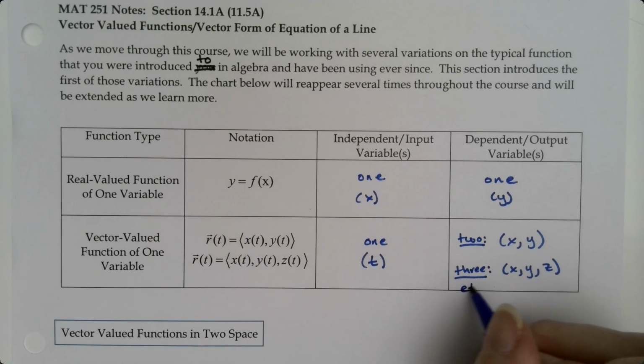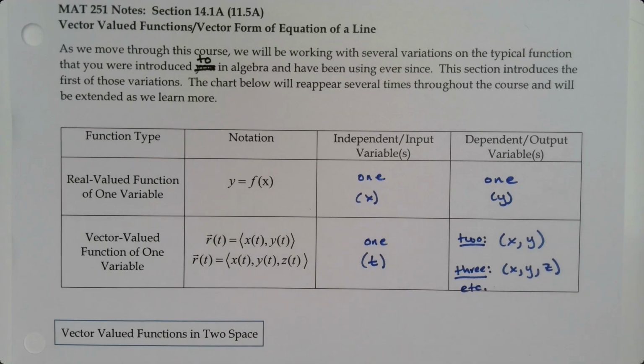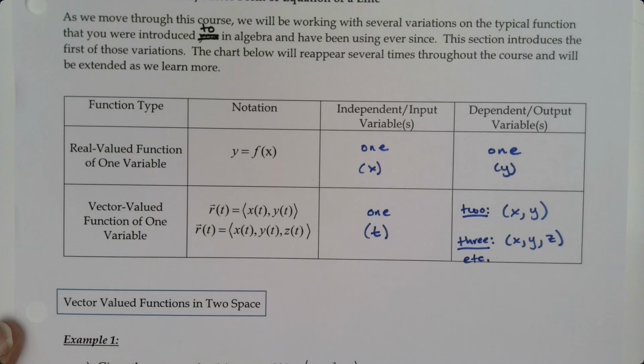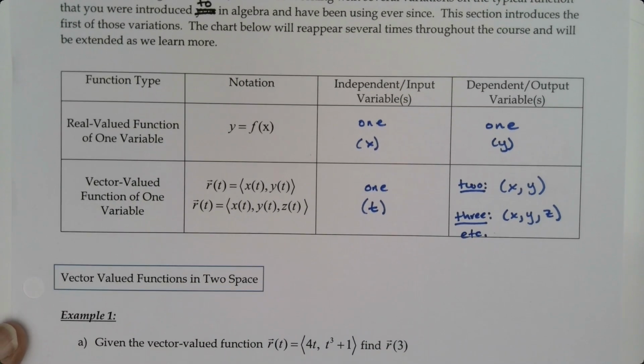So I should put a little etc. here because you could do it with 4, you could do it with 5, right? We're at our mental capacity imagining what 3 dimensions looks like. We don't know what 5 dimensions looks like. We just know that mathematically we could do it.